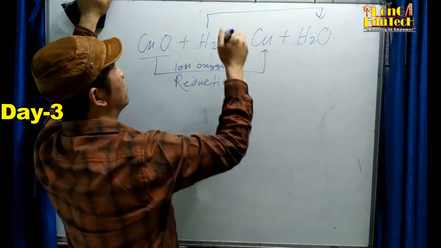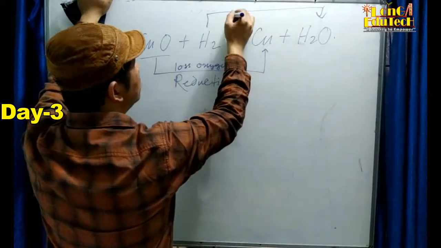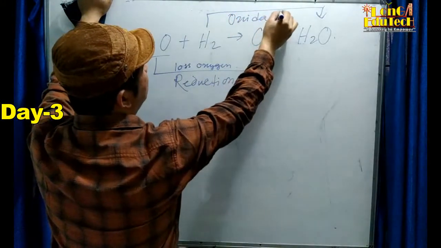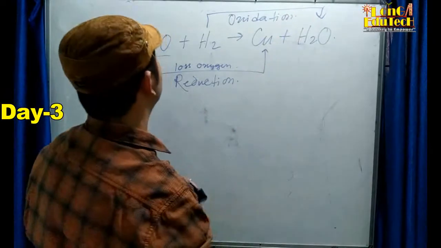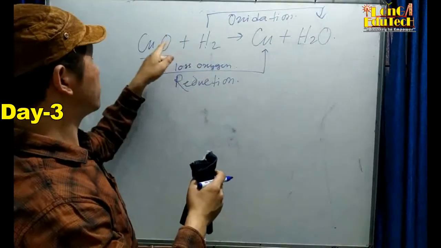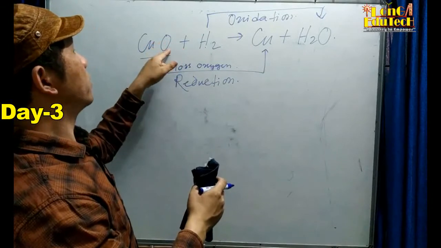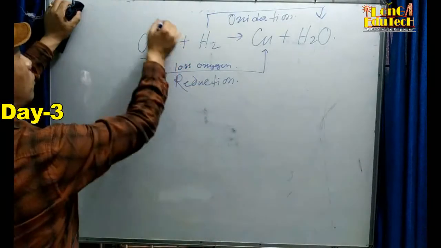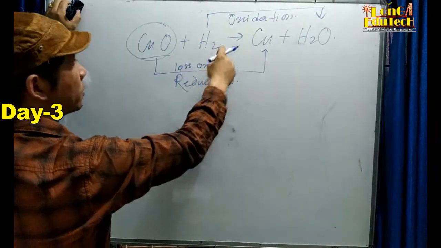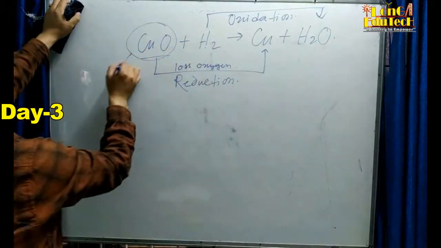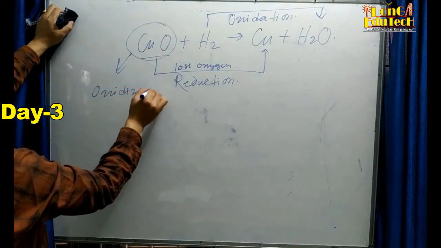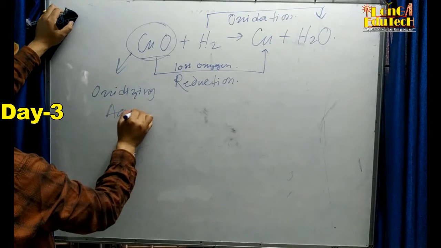Then this is also oxidation. Here is the oxidation reaction, because hydrogen gains oxygen from the copper oxide. By whom is it given? Copper oxide. Copper oxide gives oxygen to the hydrogen to form water molecules. So this is an oxidizing agent.